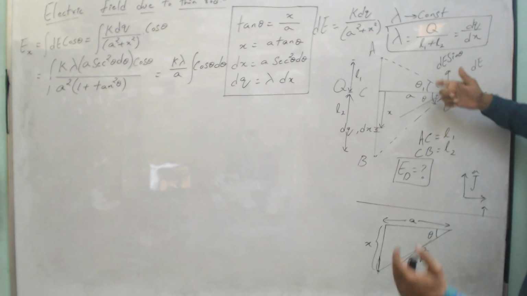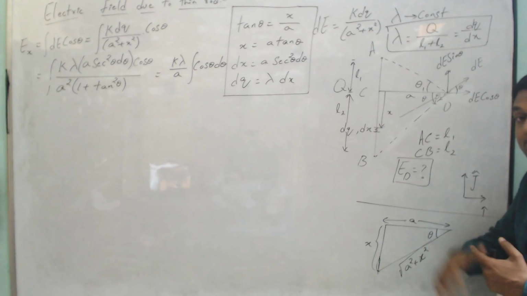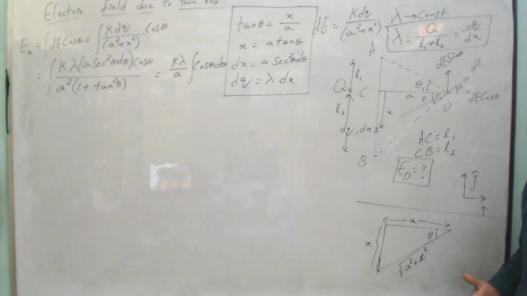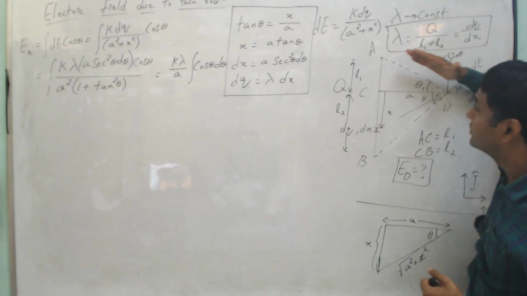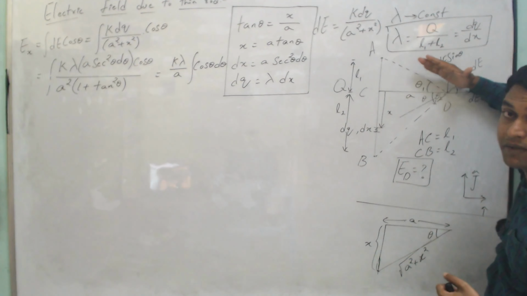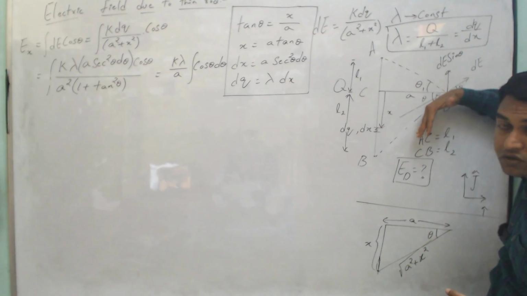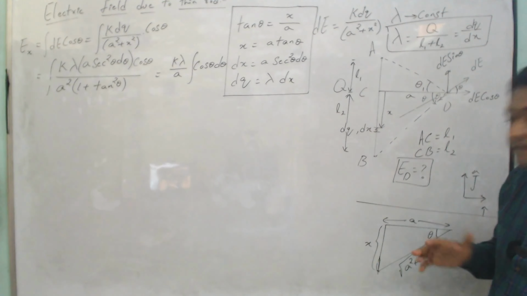Theta is anti-clockwise, which we are saying as positive. Now if I go clockwise, that means reverse of it, negative. Correct? So my limits will be minus theta 1 to theta 2. Is this clear? Yes, sir.